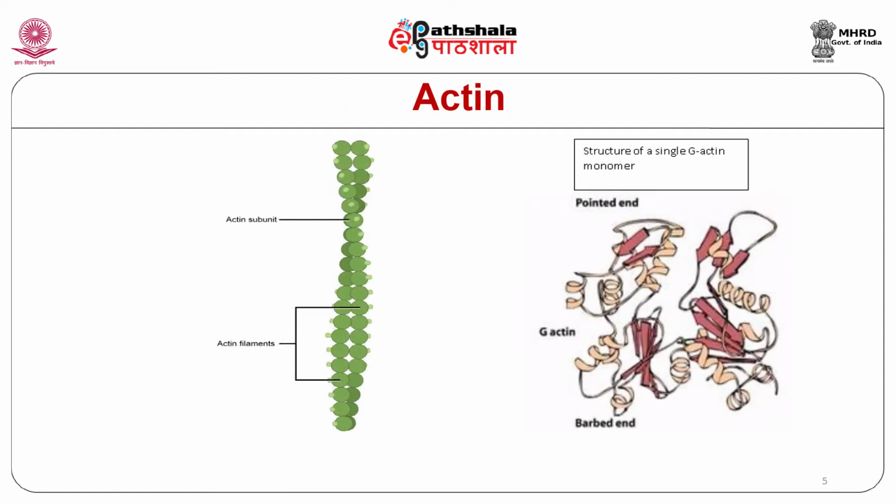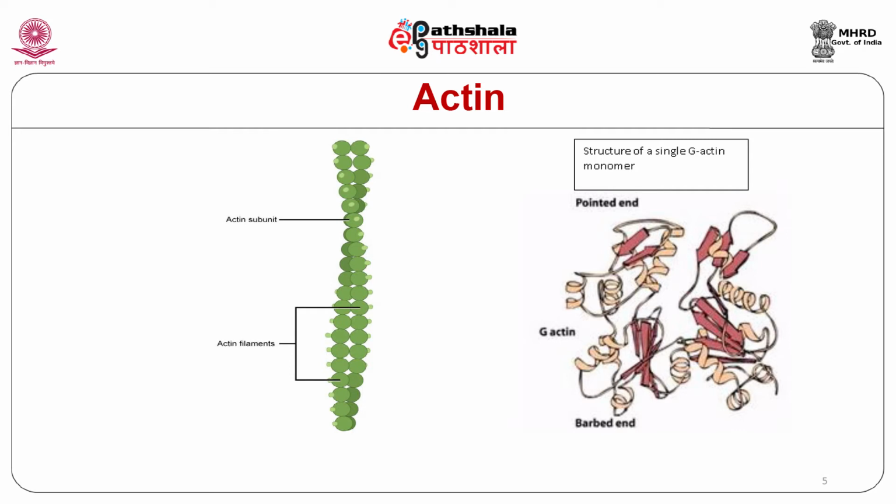Actin filaments. Actin is the most common cytoplasmic protein. A globular actin subunit, called G-actin, is connected to two more actin subunits, one above and one below, with the help of binding sites to form filamentous actin, that is F-actin.